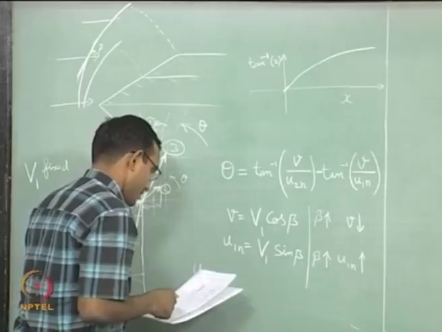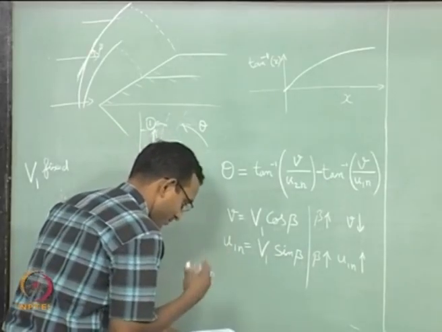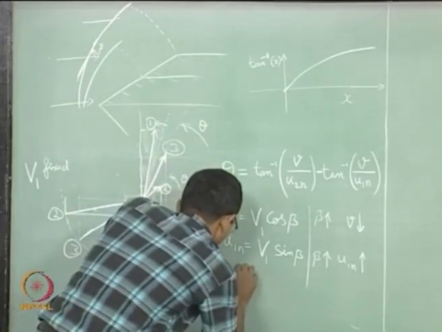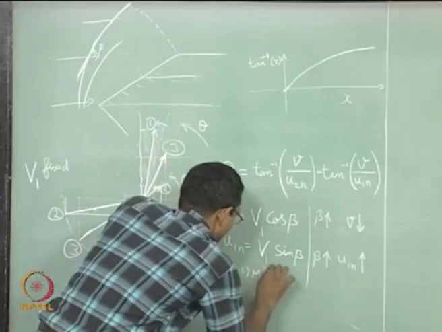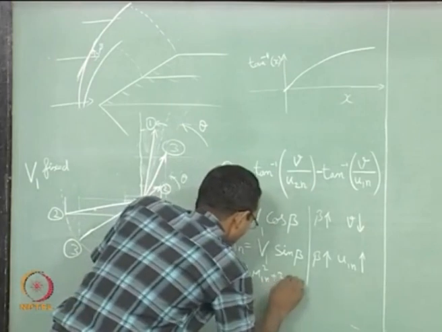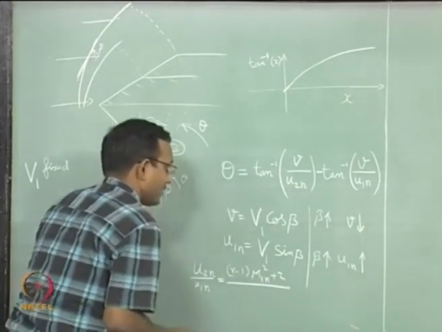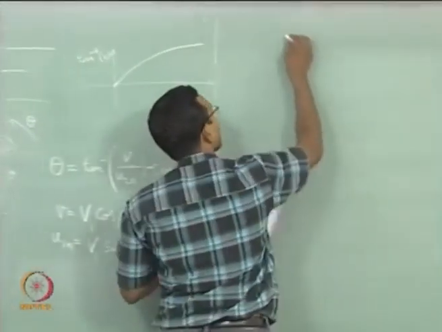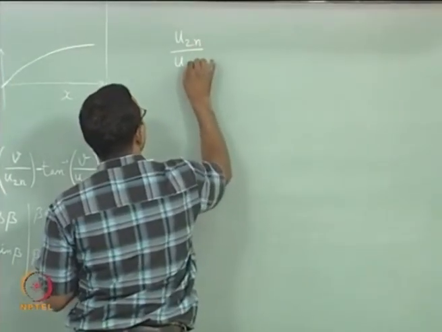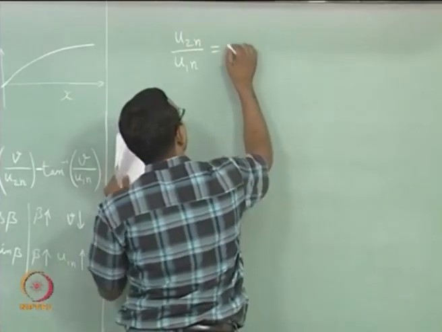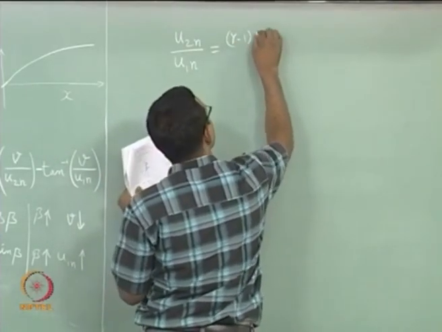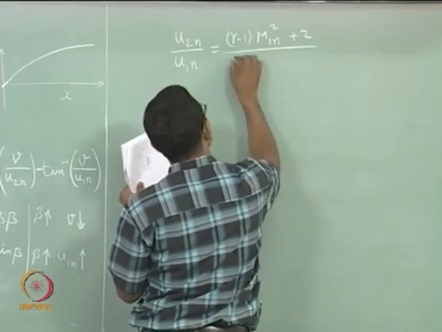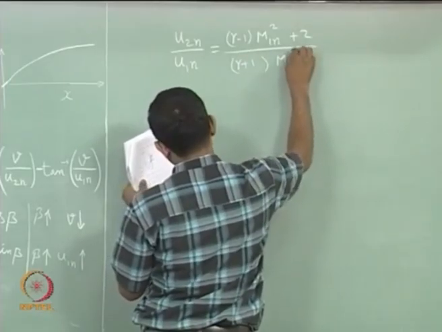u2 normal is actually a function of u1, we have u2 normal by u1 normal equal to gamma minus 1 m1 normal square plus 2 divided by, actually I am getting too cluttered here, I will write it all on the next board. u2 normal by u1 normal equal to, this is the same as the normal shock formula, m1 normal square plus 2 divided by gamma plus 1 m1 normal square.